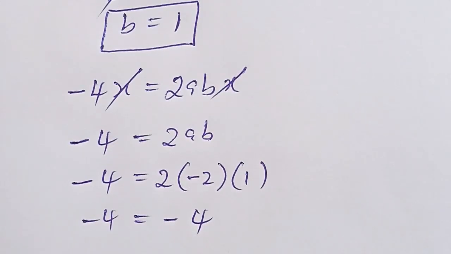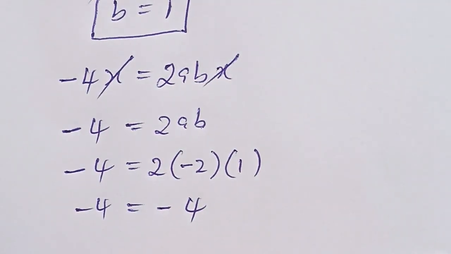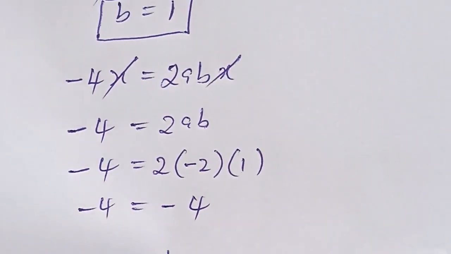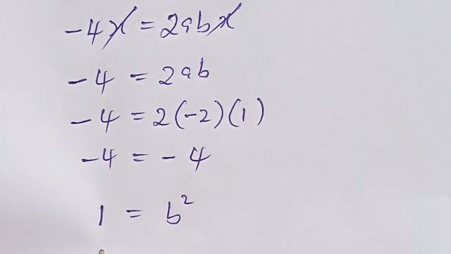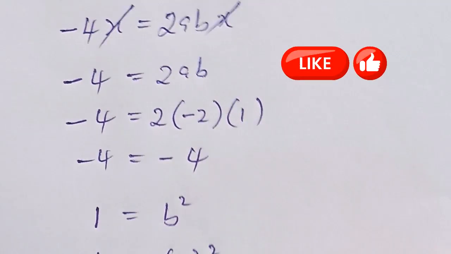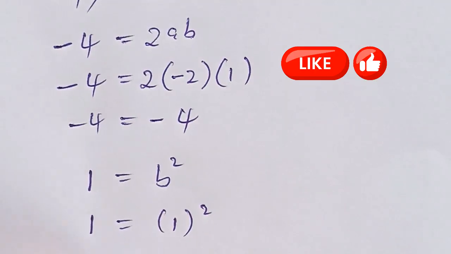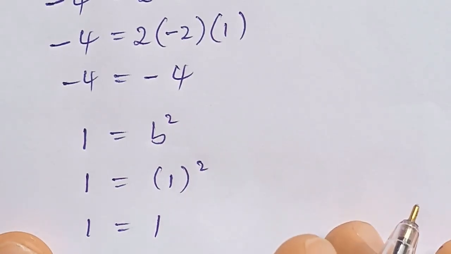Their coefficients are equal. Now we have to compare the constant, which is 1 equal to b squared. Our b is equal to 1, so we have 1 equal to 1 squared, and that is 1 equal to 1. So the coefficients are also the same. Then we can now return this back to our equation.